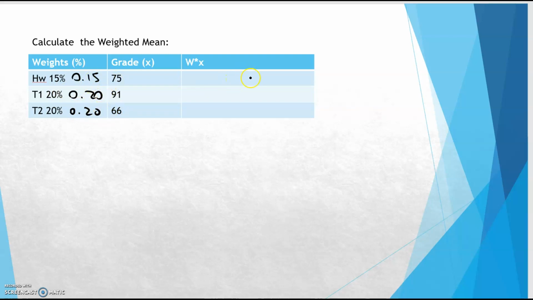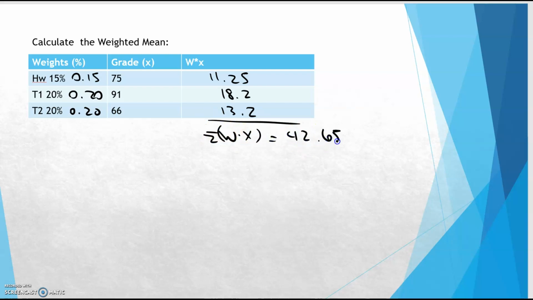We already said that this was 11.25, and this was 18.2, and then this was 13.2. Okay, then we're simply just going to add this column here, which would give us 42.65, and also come here and add your weights, which would be 0.55.